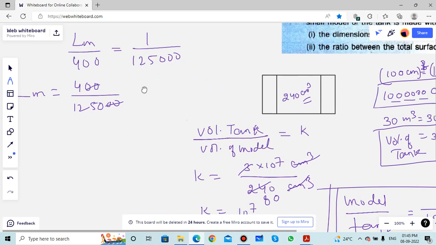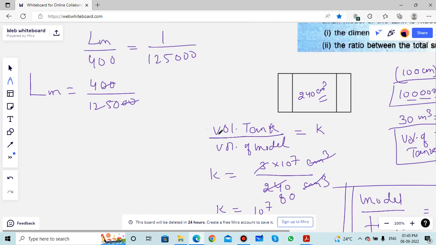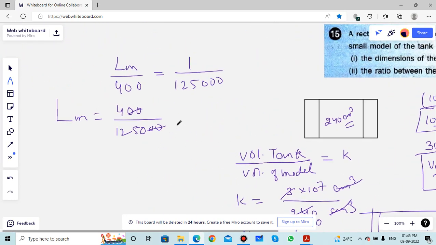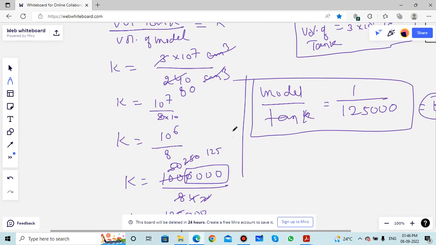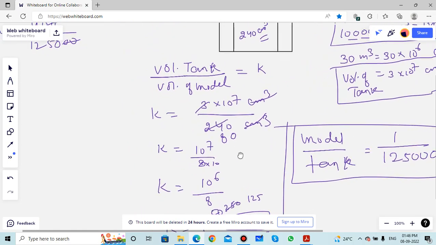Length of this one is 1, and the other one is 125,000. So if you divide, how much will it become? Let me just divide and check it. No, something has been wrong here. Let me check what is wrong. Give me 1 second. Okay, yeah. What is wrong?